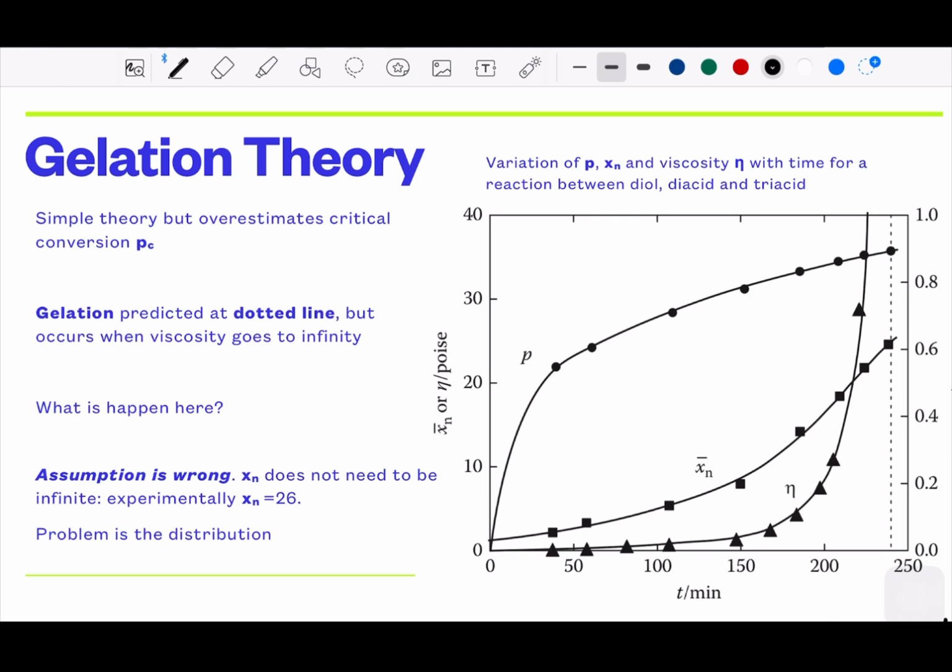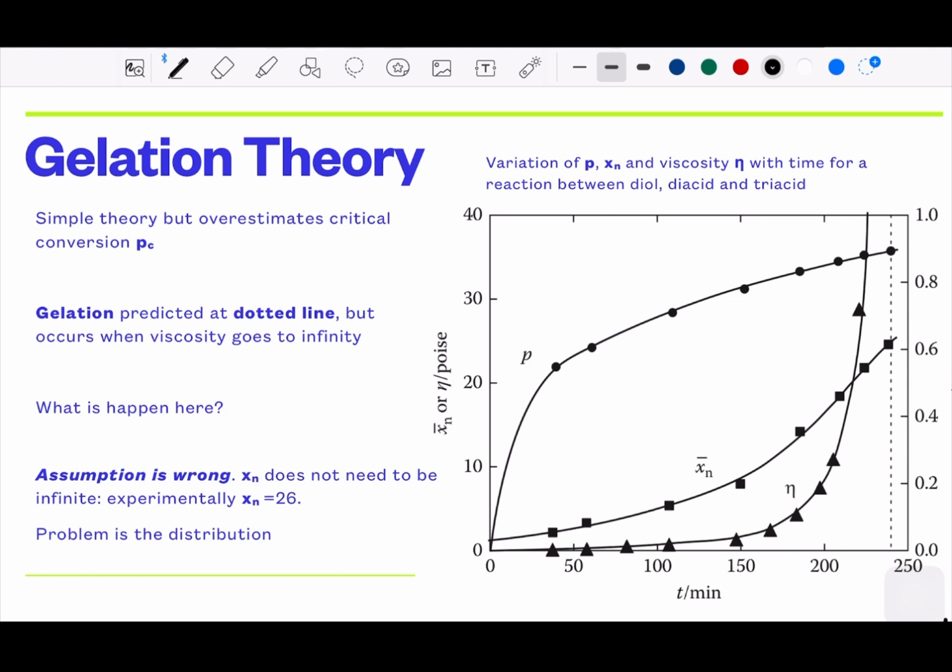Now focus on this part here that has a dotted line. This dotted line that I write here is the prediction of gelation. It's going to be at this dotted line.